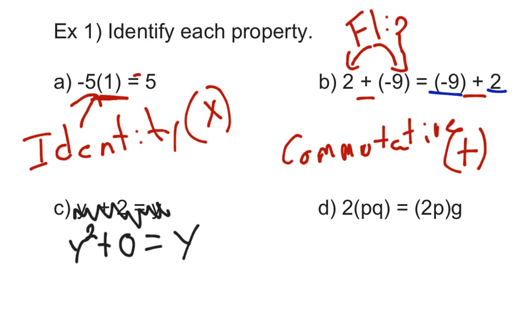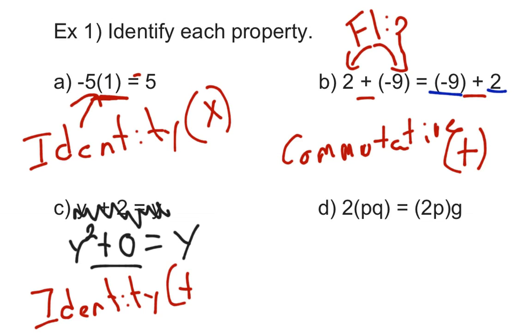That's what it's supposed to say. I apologize for that. Because we're adding 0, that means it's an identity property. So this ends up being the identity property of addition, because we're adding 0. Again, I apologize for that mistake.